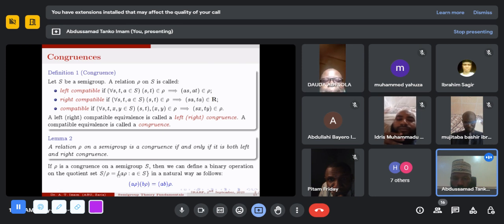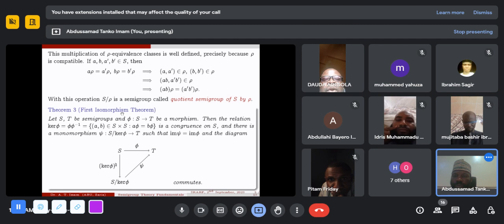So actually this binary operation that we have defined endows S/rho, the quotient set, with a semigroup structure. And because we define the multiplication in terms of equivalence classes, whenever you do that, it is a normal thing to check whether the multiplication is actually well defined.